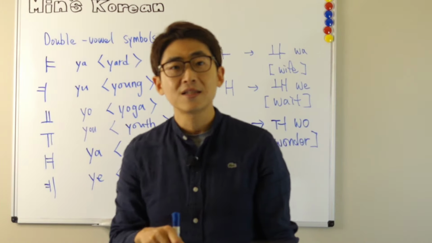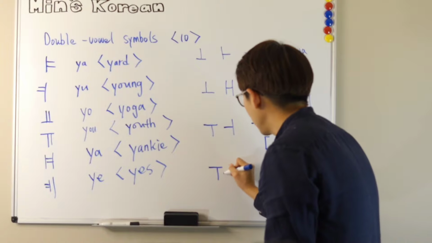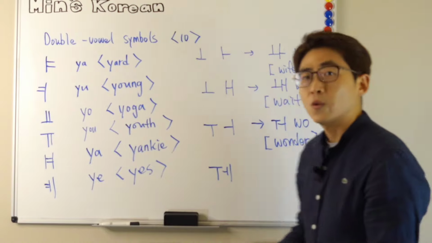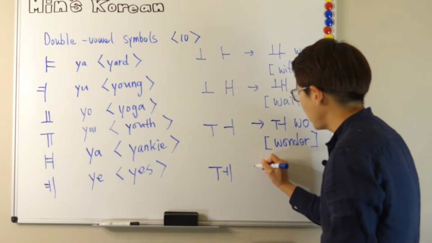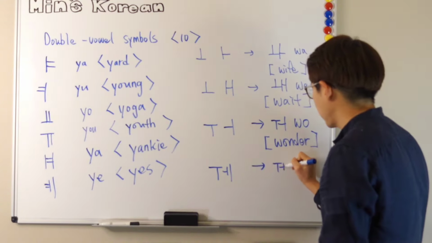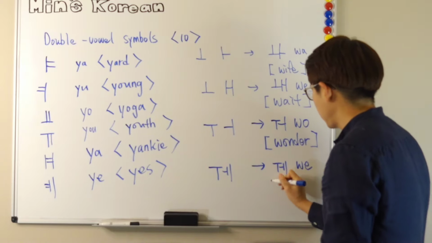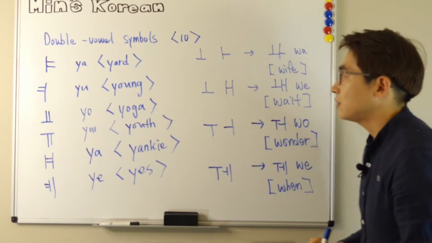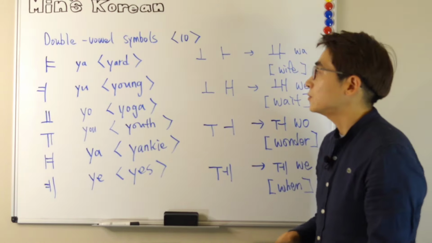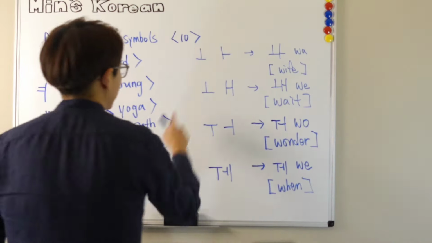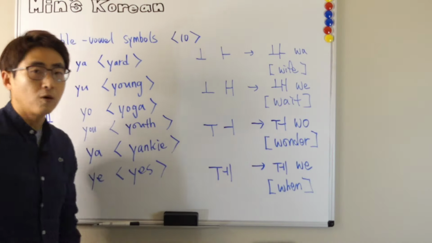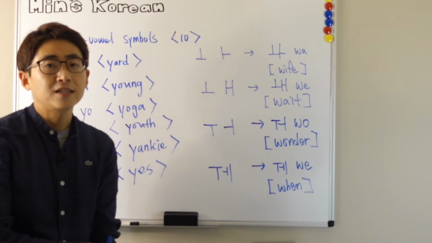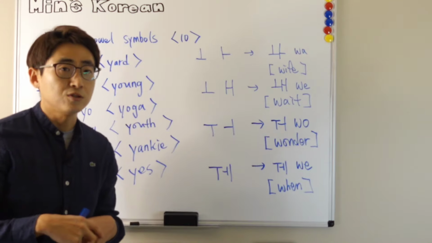And last but not least, we can combine U with E, and it becomes we, as in when. So these are the 10 double vowel symbols, and from here to here we have 4 double vowels that are created by combining 2 basic vowels together.